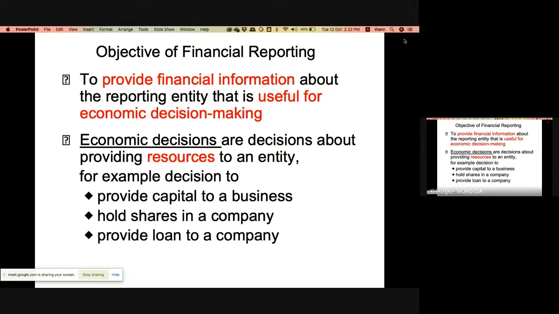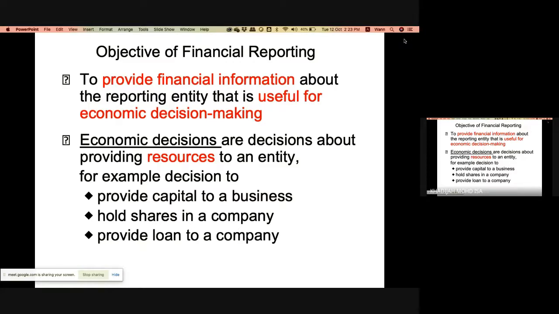For the uses of the financial statements, financial reporting is only one source of information, because it provides financial information. If you need non-financial information, you have to look at other sources. So this is to provide financial information about the reporting entity that is useful for economic decisions.